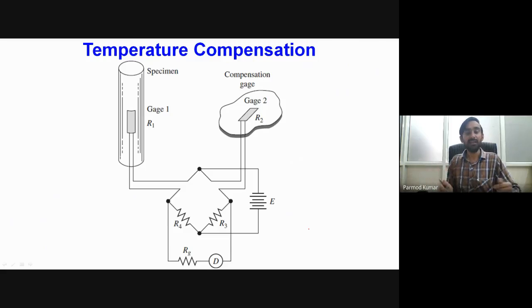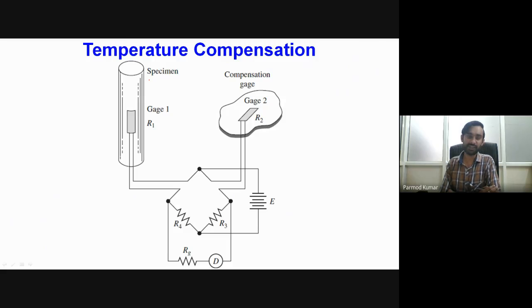Okay, now one more criterion comes over here. So what basically happens, as I have told you in the previous lecture also, that when we measure the value of the strain, we may have certain conditions where the temperature is changing. Okay, so because of the temperature, what will be happening?